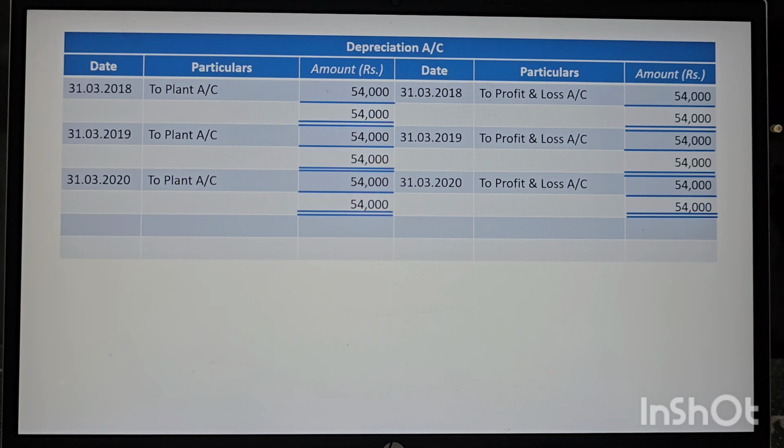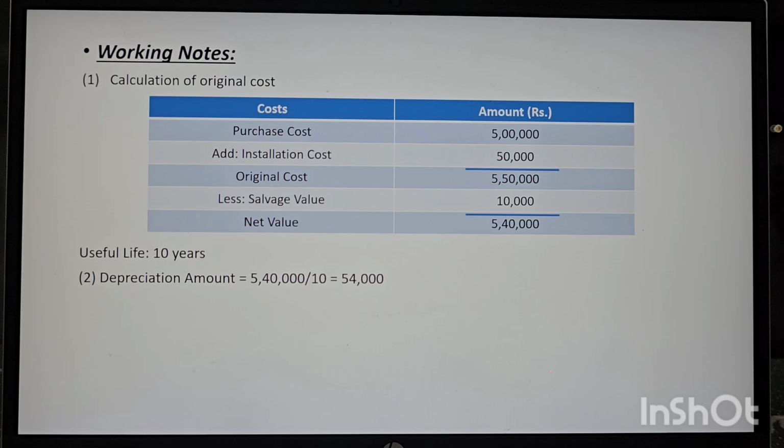So we will learn those things in the upcoming videos. As of now, this is the very first session of the straight line method of depreciation, so I am restricting myself only to this, and we will come up with those kinds of sums in the upcoming videos.